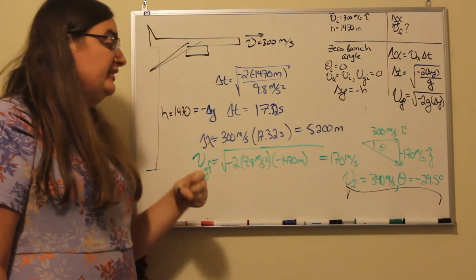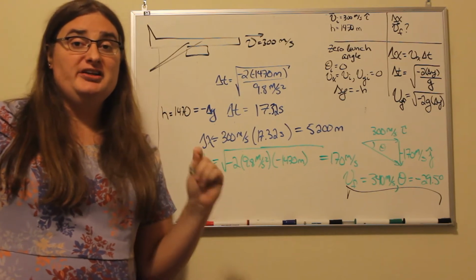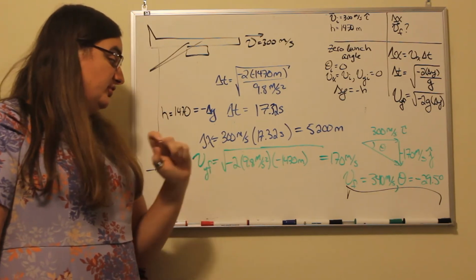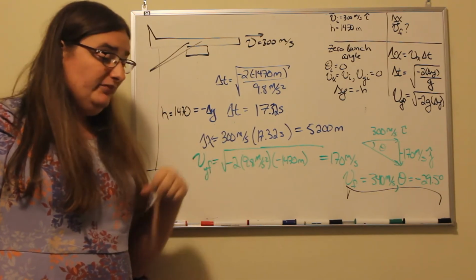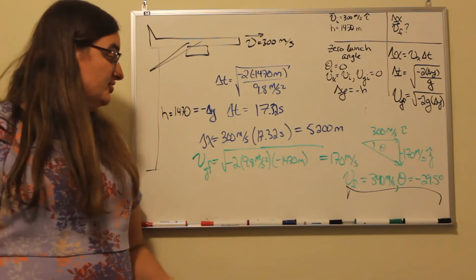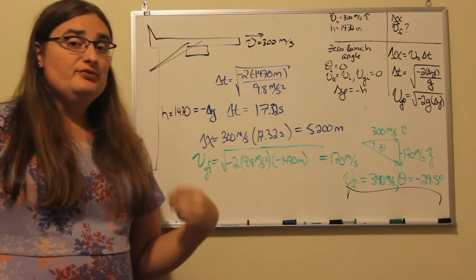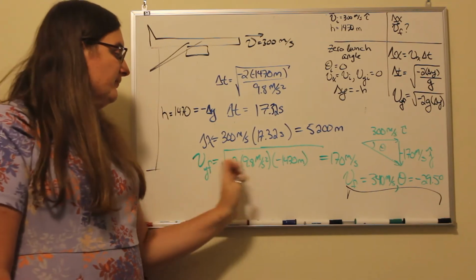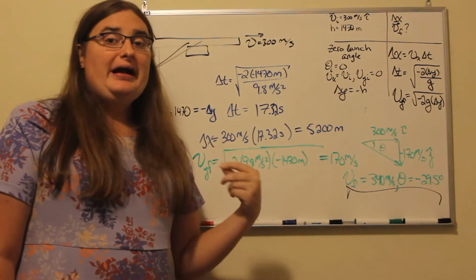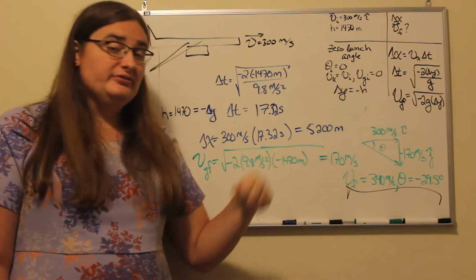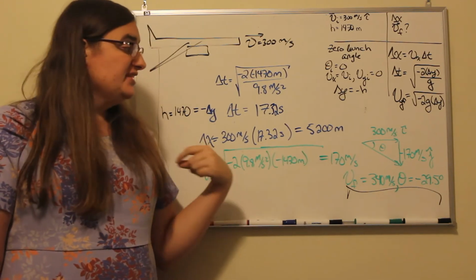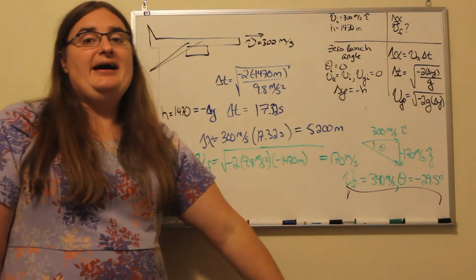Now, if we want to figure out how fast everything would be going, then we need to take a look at finding our final velocity component in the y direction. So if I take -2 times 9.8 meters per second squared, multiply that by -1,470 meters, and then take the square root, I get a y component to my final velocity of 170 meters per second down.